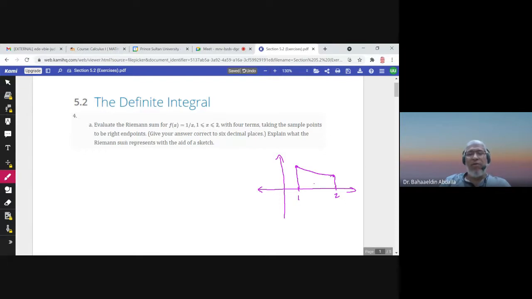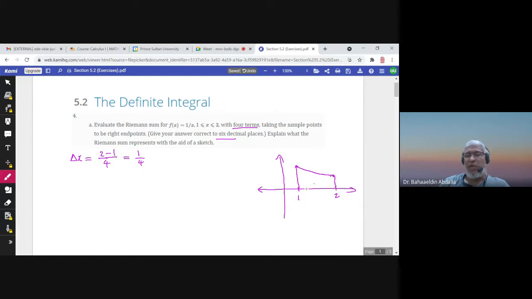Taking the sample points to be right endpoints, give your answer correct to 6 decimal places. Explain what the Riemann sum represents. 4 terms, so we will take 4 rectangles. Delta x is b minus a over n, which is 4. So 2 minus 1 is 1, 1 over 4 would be the width of each rectangle.